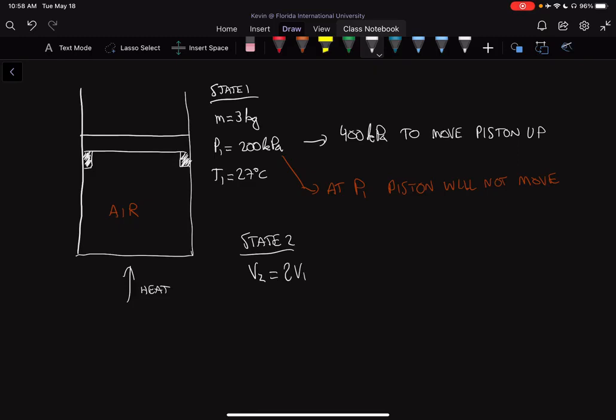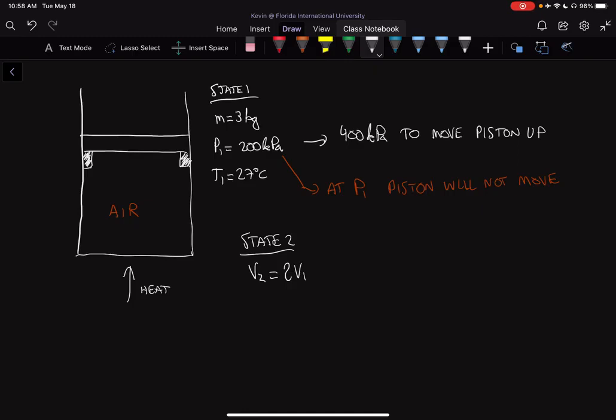Okay, the volume doubles. And we're told to determine the work done by the air and the total heat transferred to the air during this process. Also show the process on a PV diagram.